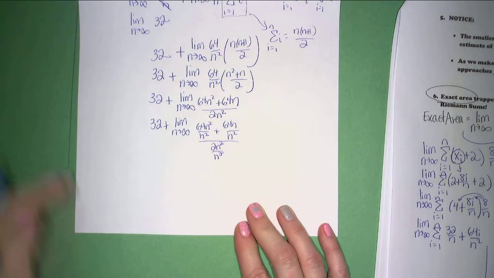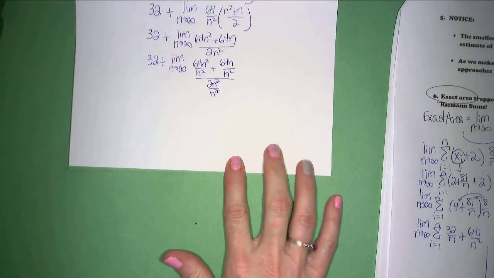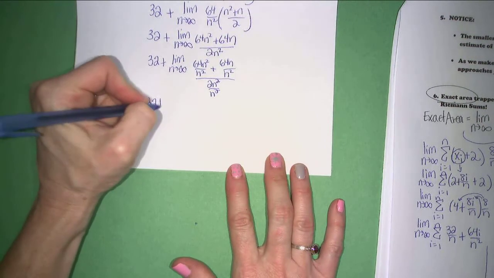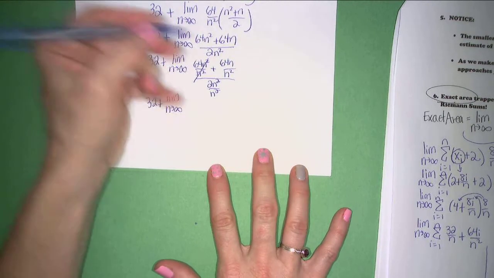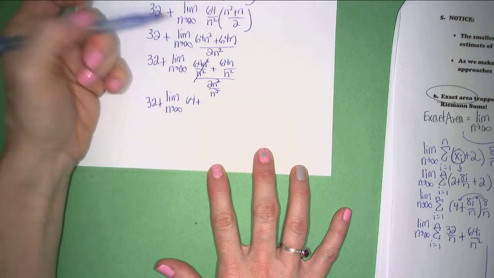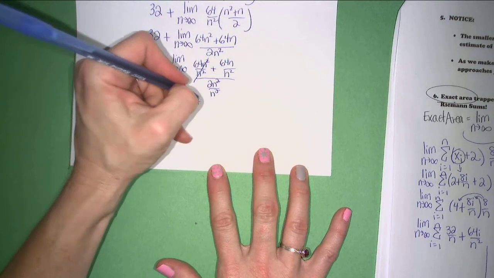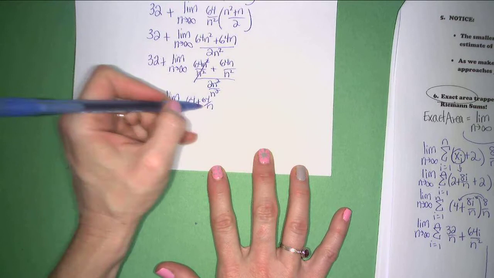Then we reduce. So I have 32 plus the limit as n approaches infinity. Here, these are going to cancel, giving me 64. Here, I'm going to reduce these n's to give me 64 over n. And on the bottom, I just have the 2.